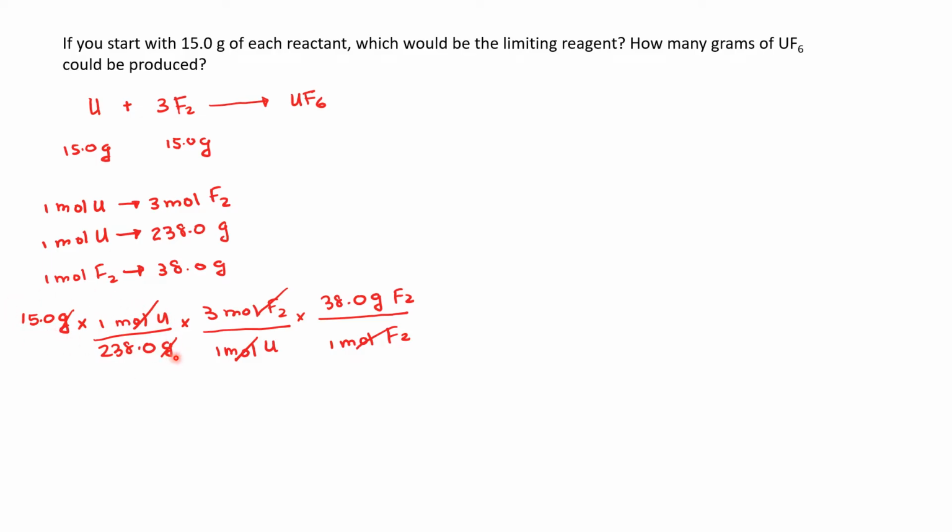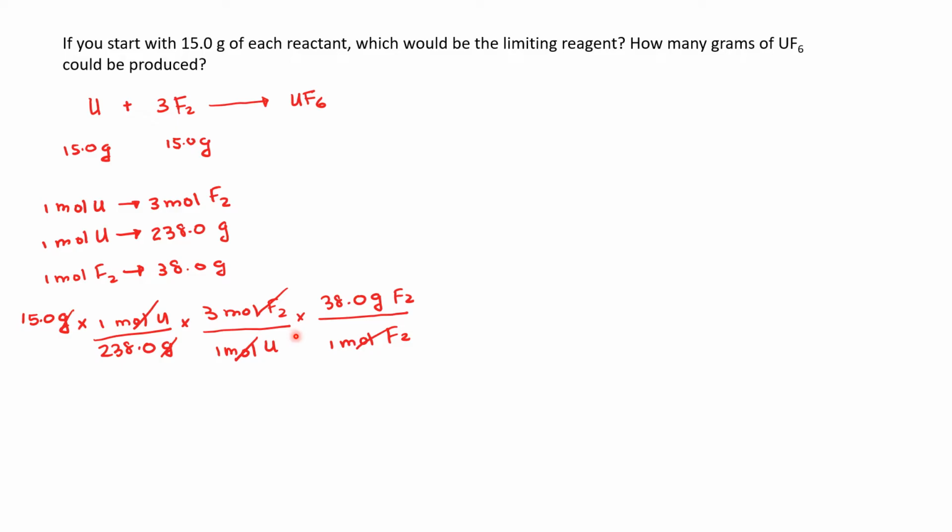Now we have to find out the amount of fluorine required to react with these 15 grams. For that, we use the stoichiometric relationship. We know 1 mole of uranium reacts with 3 moles of fluorine. Now we have the number of fluorine moles required for the reaction.